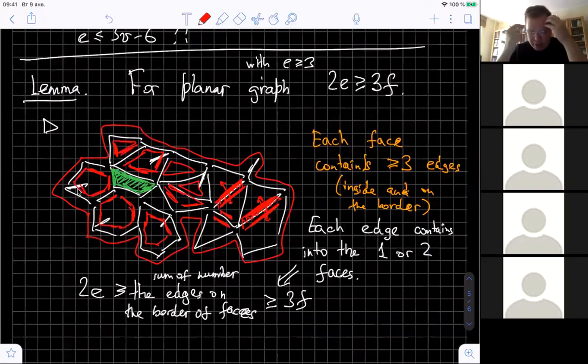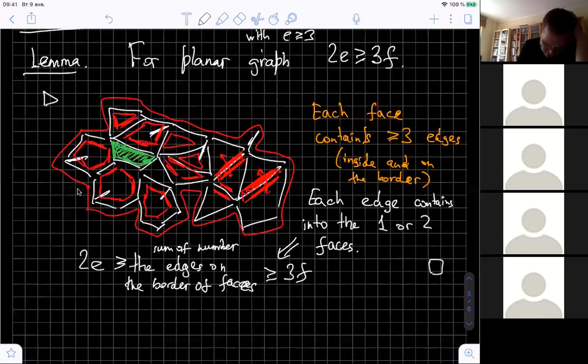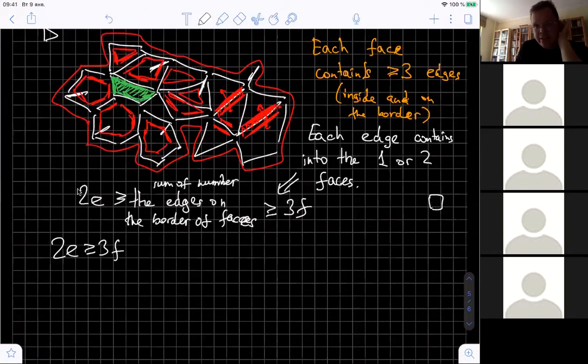And so I will have this inequality. So I proved that 2e is equal or greater than 3f.